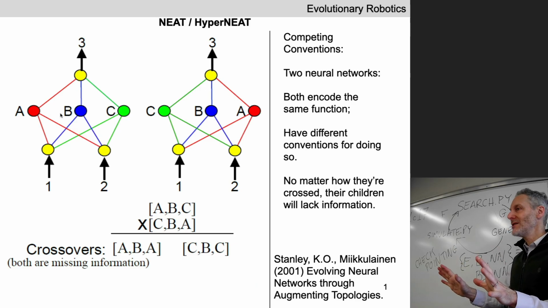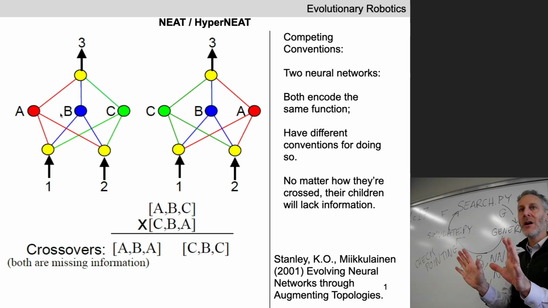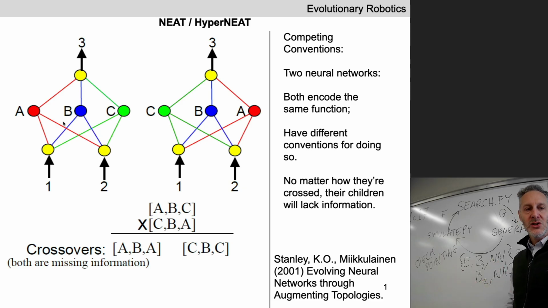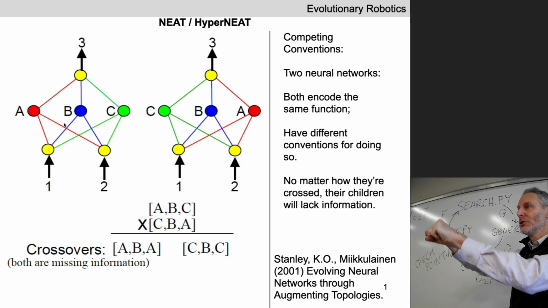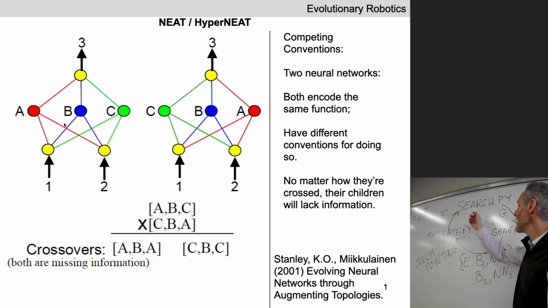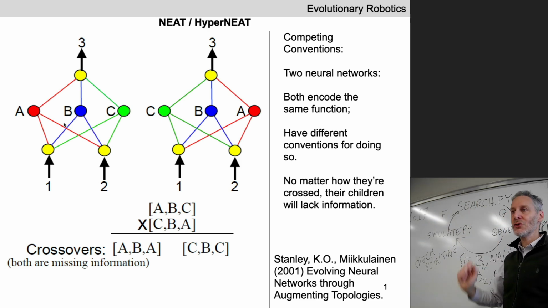If you don't remember all the details of the competing conventions problem, that's okay. It was just meant as an example of how doing things simply, like evolving sets of synaptic weights, grabbing two parents, cutting them and gluing the parts together, makes things very hard on the search process.